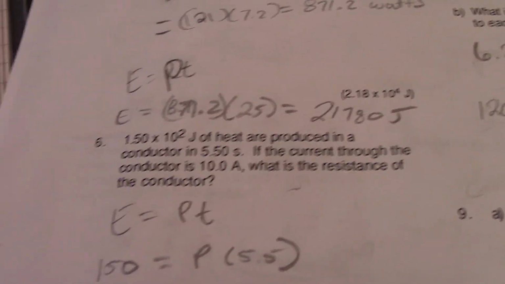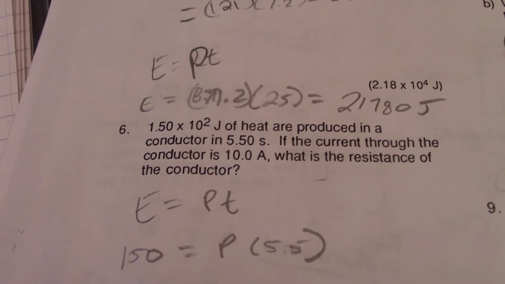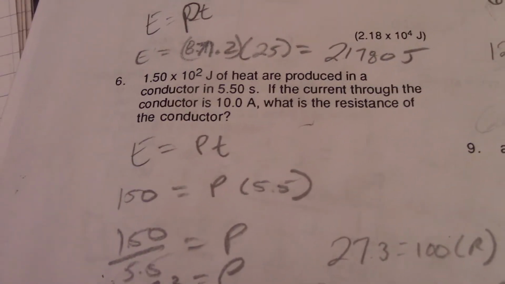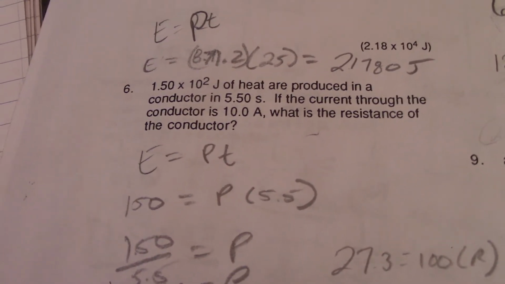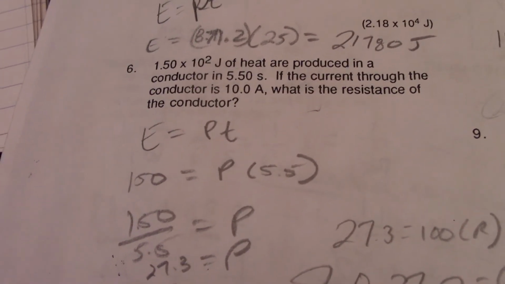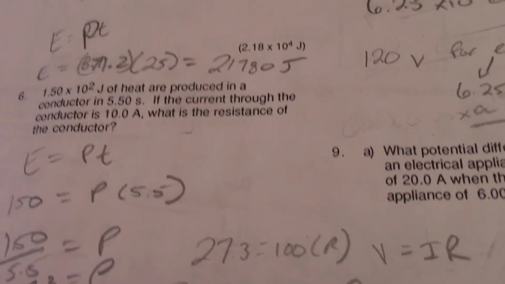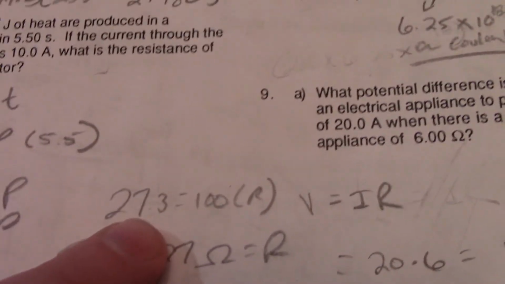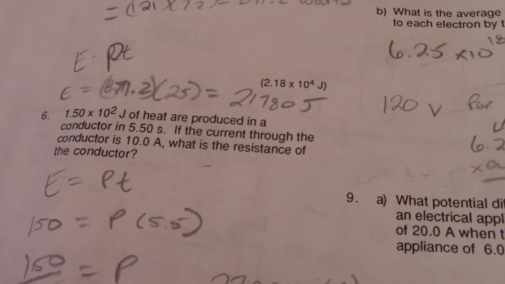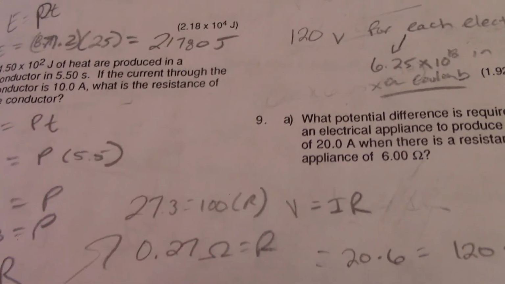All right, so here's what I've got. E equals P times T, which is 150 joules. Power is going to be E over T, so I'm going to end up with 27.3 watts. I'm going to plug that into P equals I squared times R, with 10 amps.